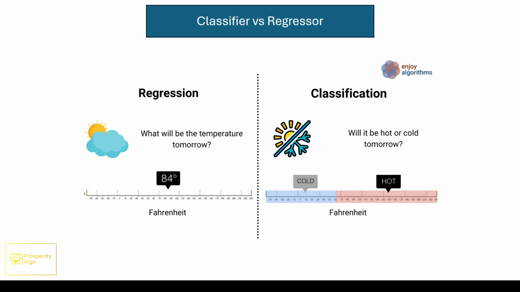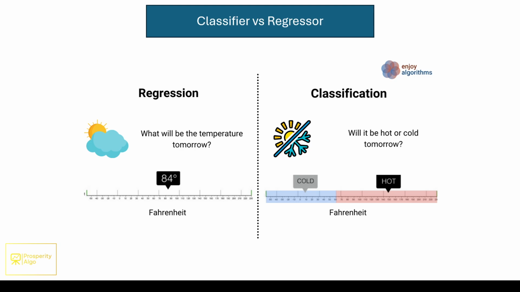And on the other hand, we also have classification or a classifier model. And that's giving you a binary choice between two buckets typically. So in this example, it would be, is it going to be hot or cold tomorrow, right? So regression is what's the temperature tomorrow, and classification is cold or hot.